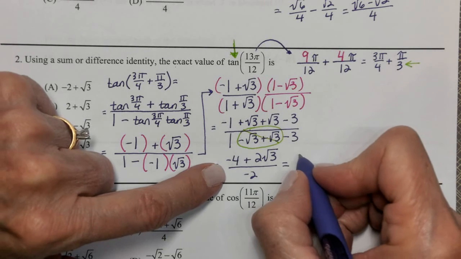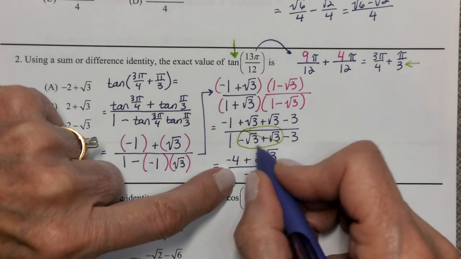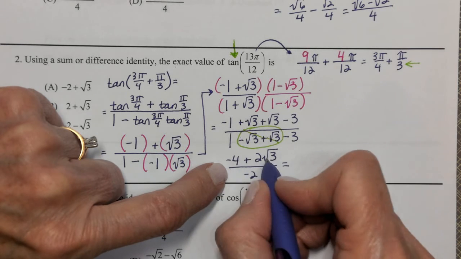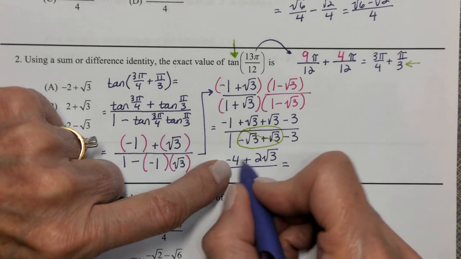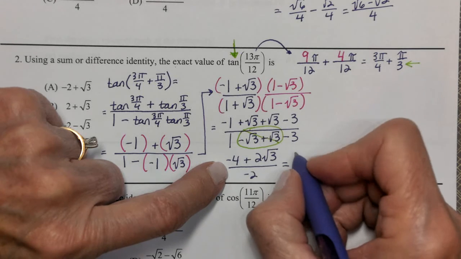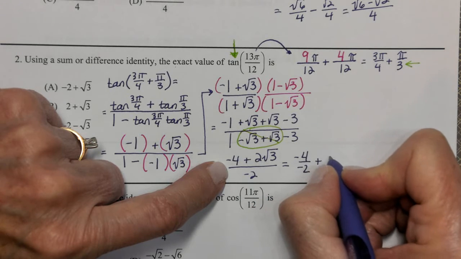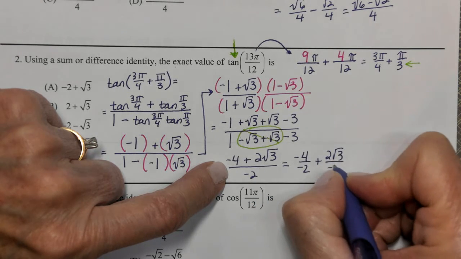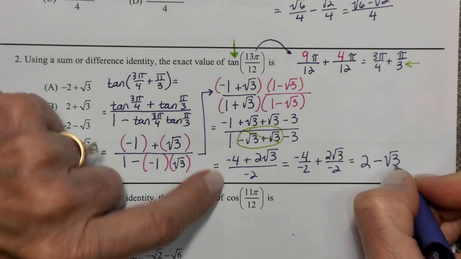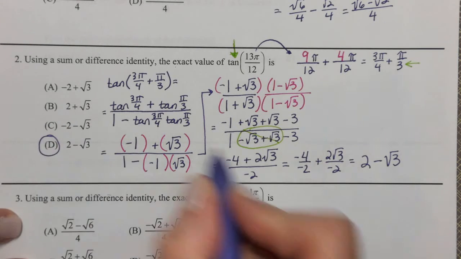Here's one way to think about it: I put both of these numbers all over the 2. Another way to think of that is I'm factoring out. If you factor out a 2 or even a negative 2, this will work the same way. So negative 4 over negative 2 plus 2 square root of 3 over negative 2 is 2 minus square root 3. So that is the correct answer, D.